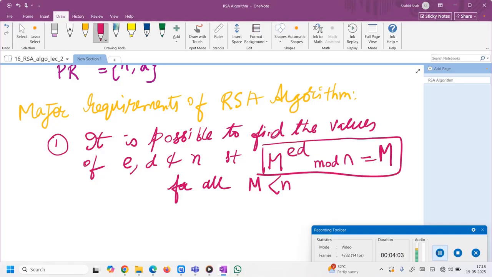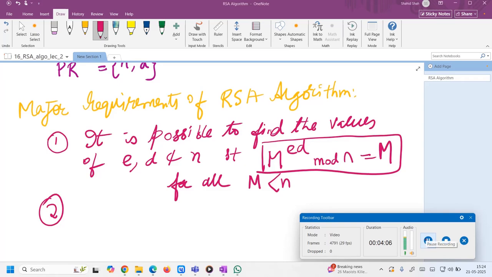So this is one important major requirement needed in RSA. The other two requirements are, now before explaining point number 2, it is very important to understand, as we have discussed in the general concept of public key cryptography, that the encryption process should be easy, decryption should be difficult. For that purpose, we will need some computations to be easy and some computations to be difficult.